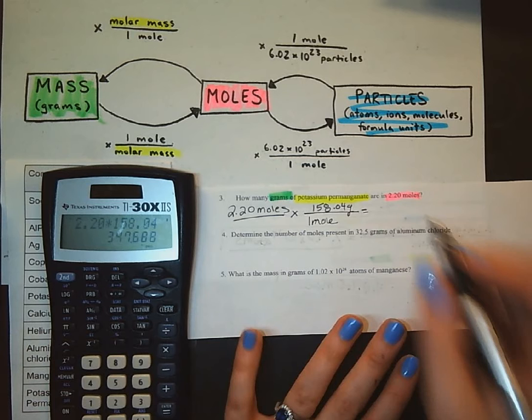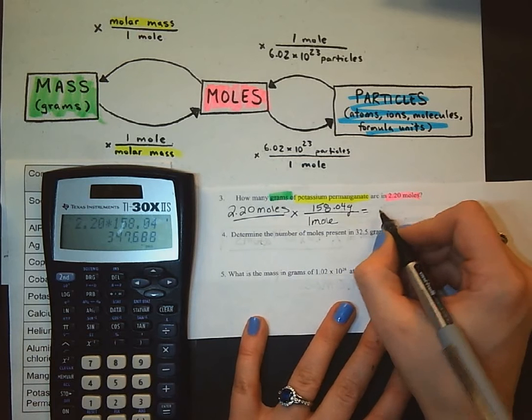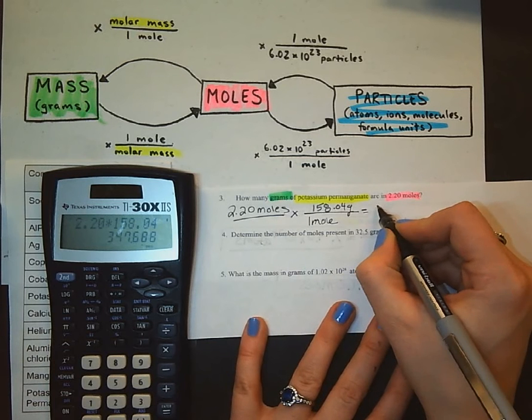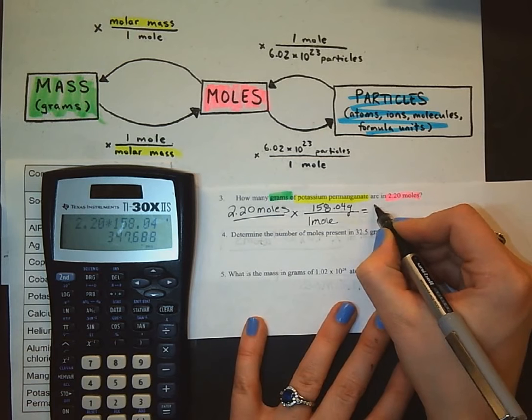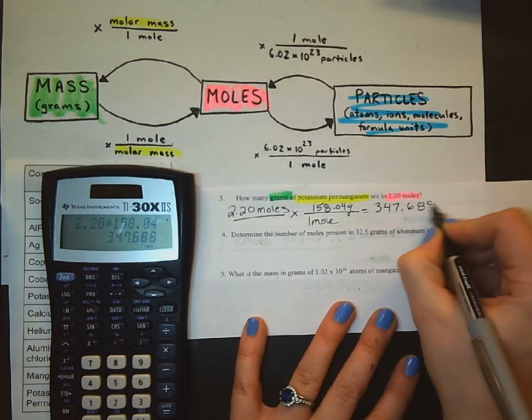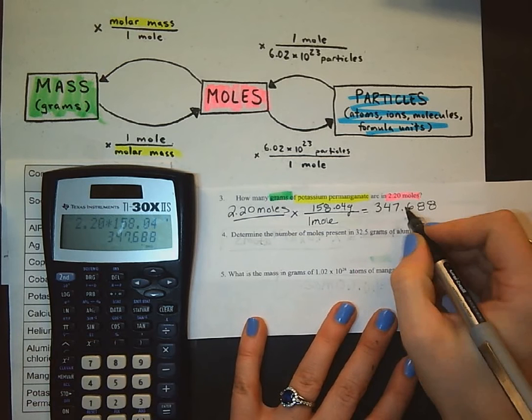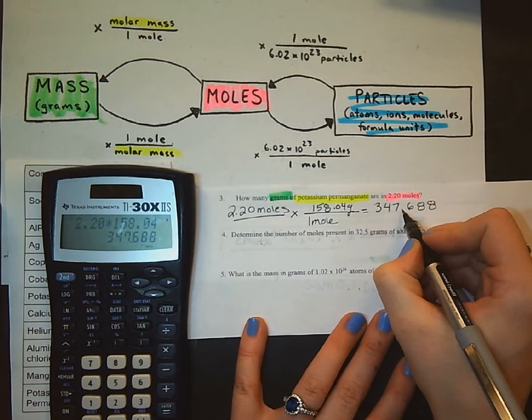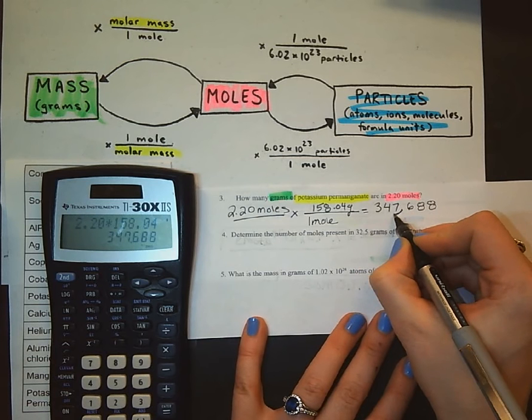So this needs to be changed into scientific notation. So I'm going to go ahead and write it out so I can show you how to change that into scientific notation. So 347.688. To change that into scientific notation, we need to have it be a number between 1 and 10. So I'm going to move my decimal point 1 spot, 2 spots.